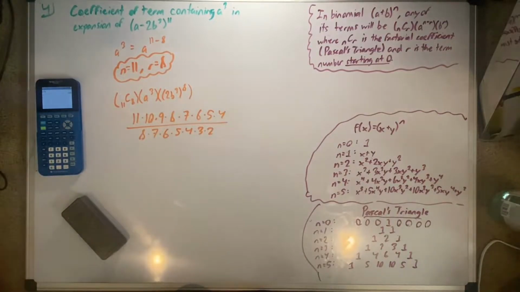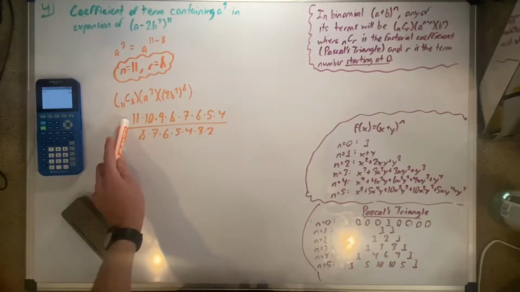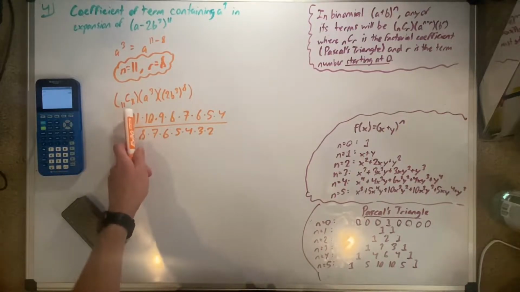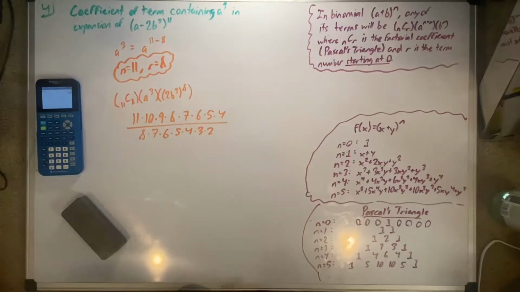We don't need to involve that times 1. So here we have the factorial of 11 all the way out to 8 terms, and then we have the factorial of 8 right beneath it.